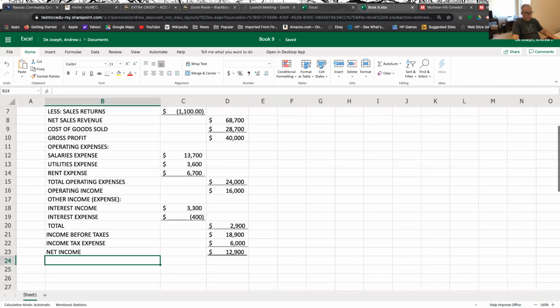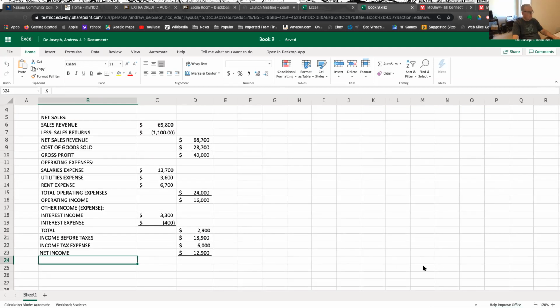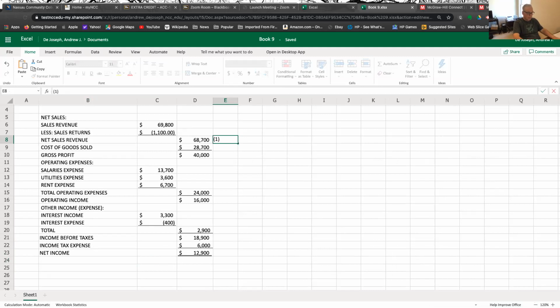So if we just take a step back, look at the whole thing. Net sales is total sales minus returns is net, right? And if you want to say how many subtotals there were, well, this is one subtotal right here. Let's just say one.